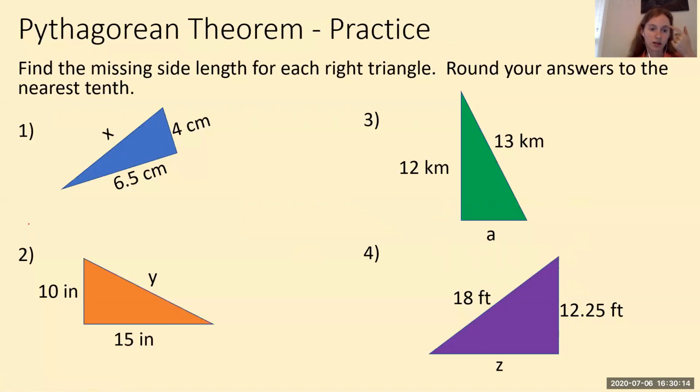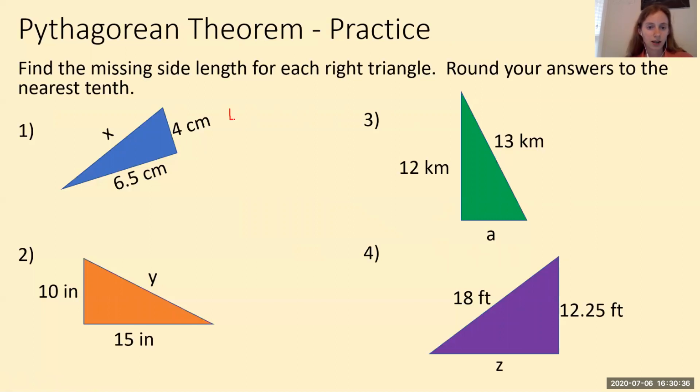So we know we're going to be rounding to the nearest tenth. Let's start with number 1 here. So with number 1, I look at this right triangle and I can see that they've told me the 2 legs. They've told me what the 2 legs are, and I'm looking for the hypotenuse. I'm looking for the longest side. So I'm going to jump right into my formula here. I'm going to fill in the information I know.